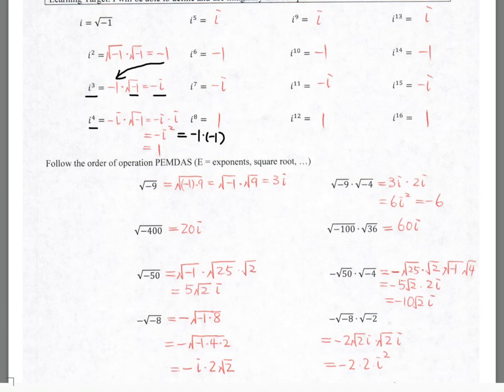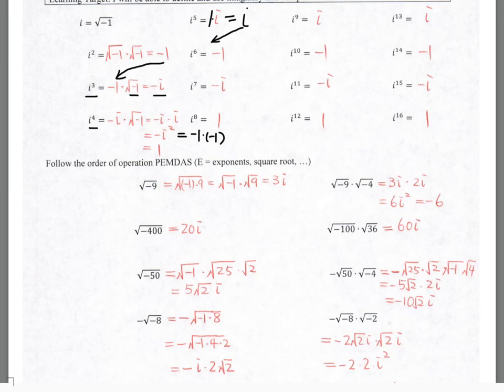How about i raised to the 5th power? 1 times i equals i itself. How about i raised to the 6th power? It equals the previous value, i to the 5th power, times another i.